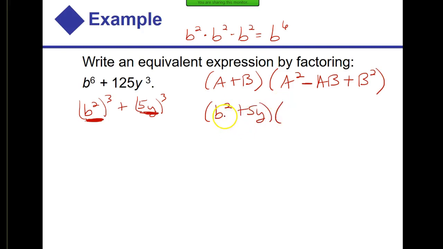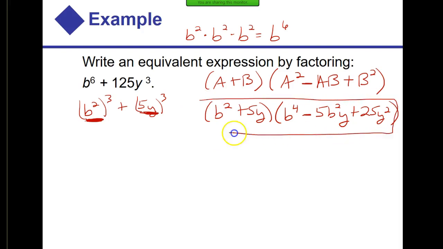I'm going to square it. So b squared times b squared is b to the 4th. Multiply the 2 together. So 5b squared y. Again, I just write the coefficient first and then alphabetically. And then the last term squared. 5y times 5y is 25y squared. And that should be as far as you can go with a sum of cubes.